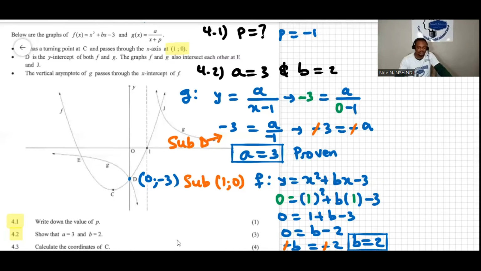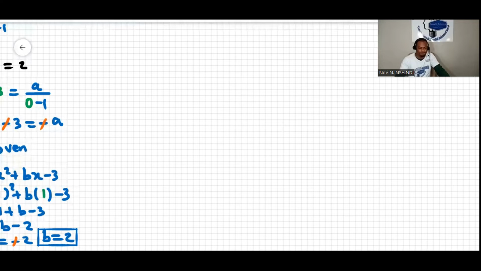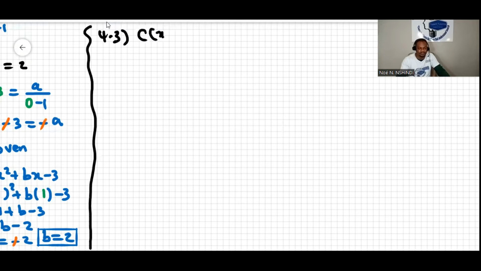Now, the following question says calculate the coordinates of C. C is the turning point, this point there. There are different ways to get the value of C. So 4.3, we're looking for the coordinates of C. To find the turning point, we can use the formula x equals minus b over 2a.